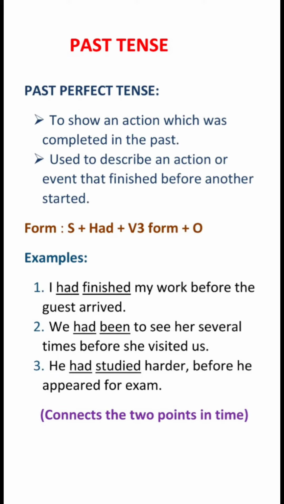For examples, I had finished my work before the guest arrived. We had been to see her several times before she visited us. He had studied harder before he appeared for exam.